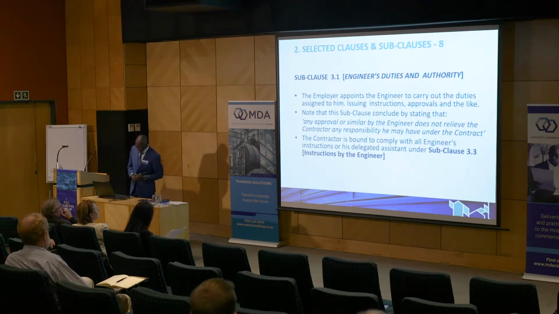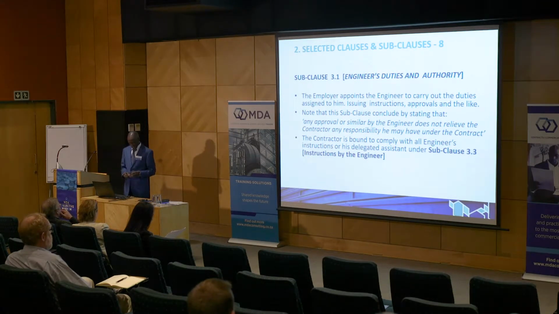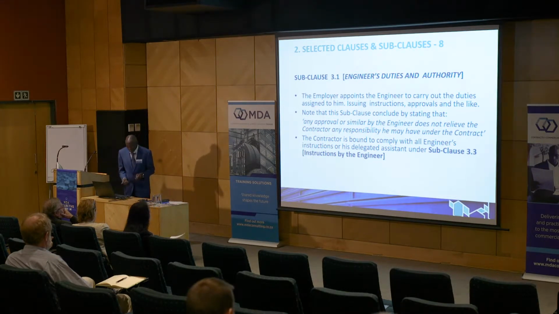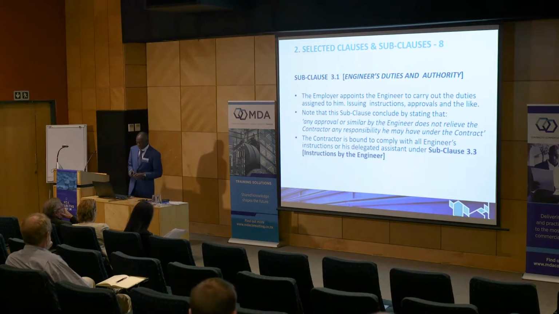But one challenging thing is this: the employer appoints the engineer. However, the same subclause concludes by stating that any approval or similar by the engineer does not relieve the contractor of any responsibility he may have under the contract.